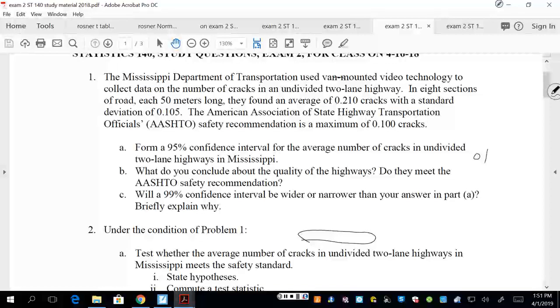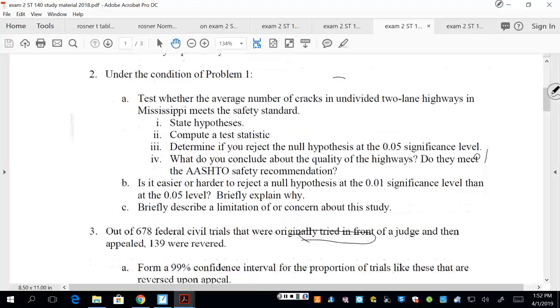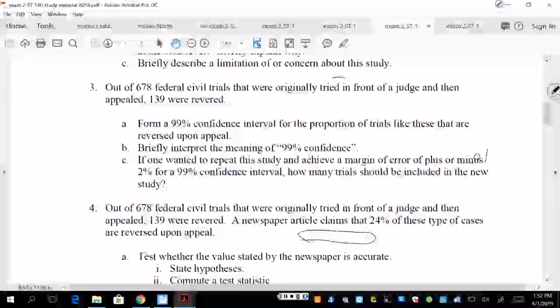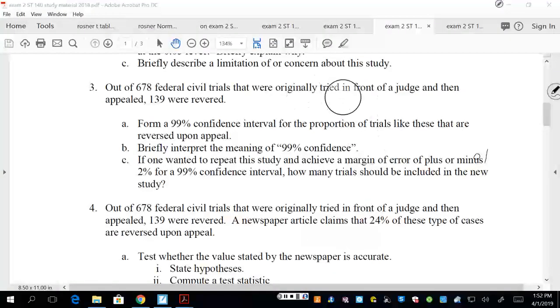This first question, I'm talking about averages instead of deviations. That's not going to be proportions. And the second one was kind of the same thing. This one: out of 678 federal civil trials, originally tried in front of a judge and then appealed, 139 were reversed.